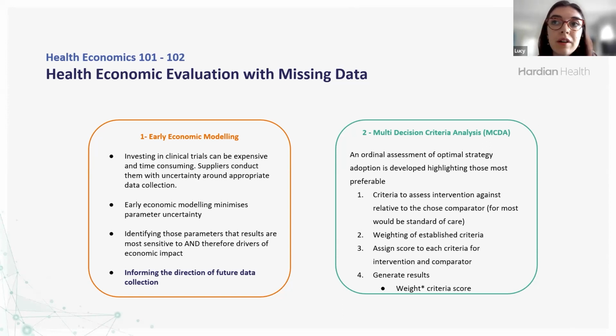You then convene a panel of stakeholders to establish the relative weights of these criteria. So how important is the intervention efficacy, for instance, in the overall economic value or potential value of an intervention. And then you assign scores to each of these criteria for the intervention and the comparator to then generate a final score for the intervention and the comparator.